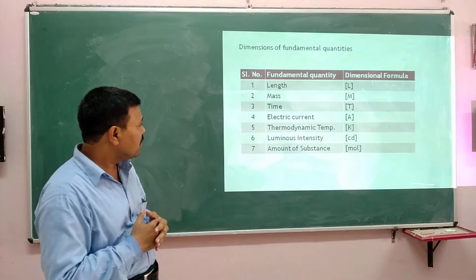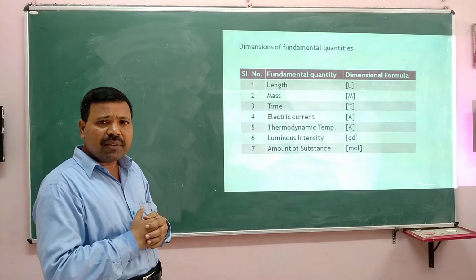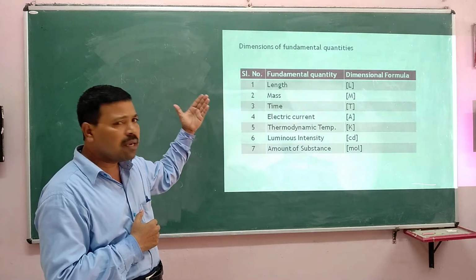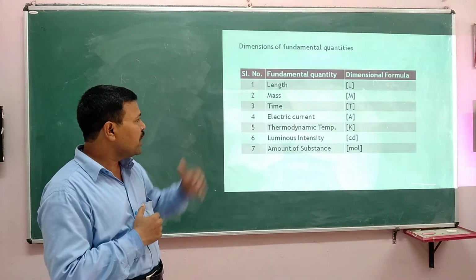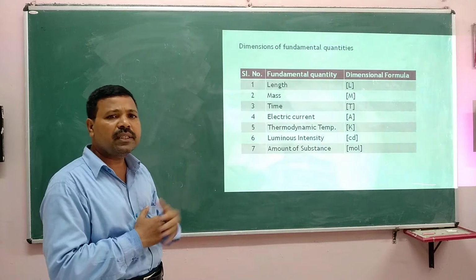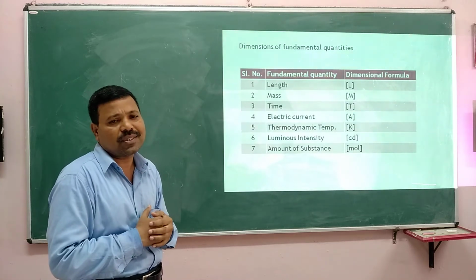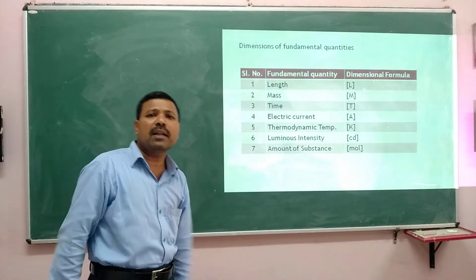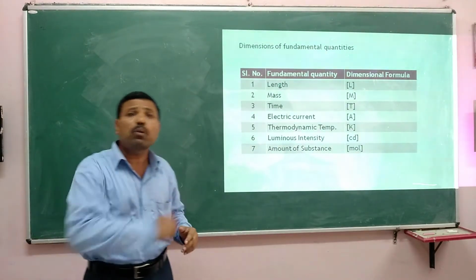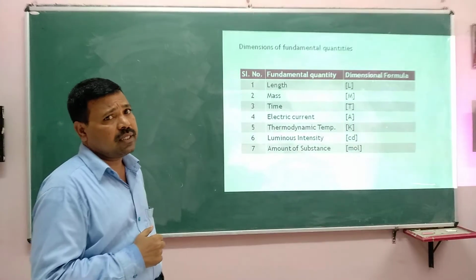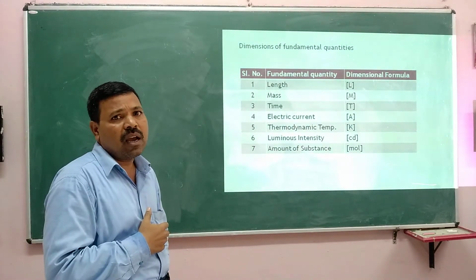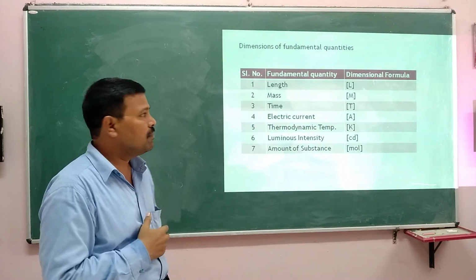For example, there are 7 fundamental quantities: length, mass, time, electric current, thermodynamic temperature, luminous intensity, amount of substance. Apart from these 7 fundamental quantities, there are 2 more fundamental quantities. They are known as the plane angle and the solid angle.